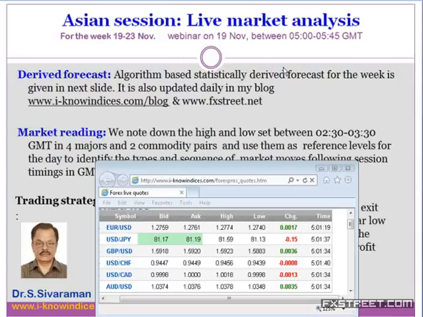So statistically derived forecast is bound to have certain amount of error. So we fine tune it with the help of market reading, because the volume variation happens in the market from time to time. Suddenly the traders sit on the sidelines and sometimes actively they participate in the market.